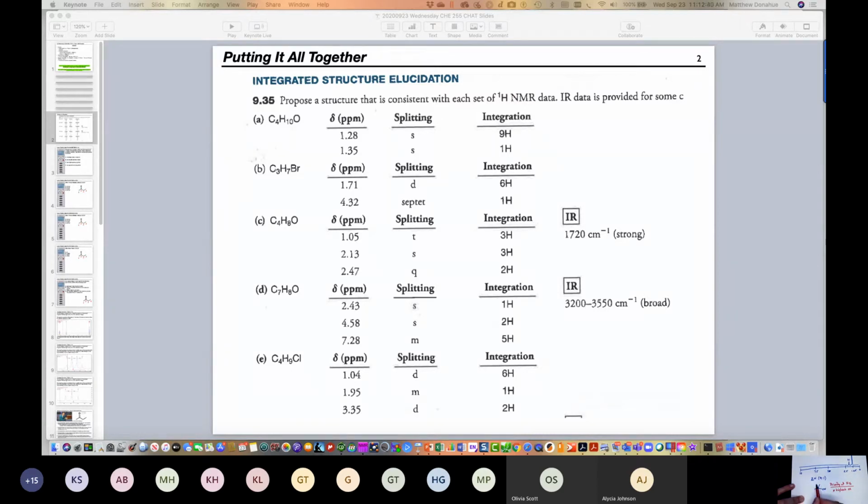So we count 1, 2, 3, 1, 2, 3, 1, 2, 3, 1, 2, 3. You have to go through all routes to make sure you're finding the longest chain. If I circle the longest chain and arbitrarily start numbering here, 1, 2, 3, it's a 3-carbon chain.